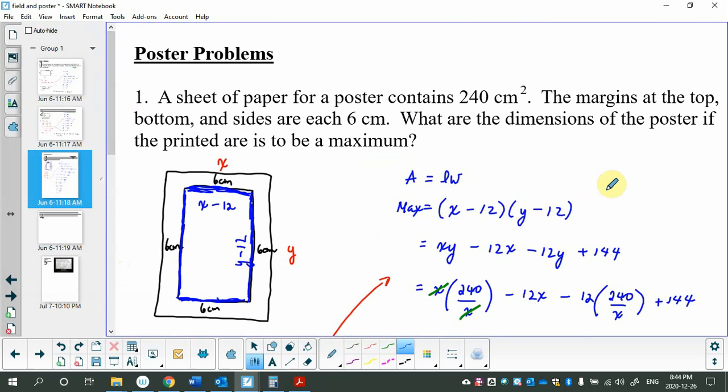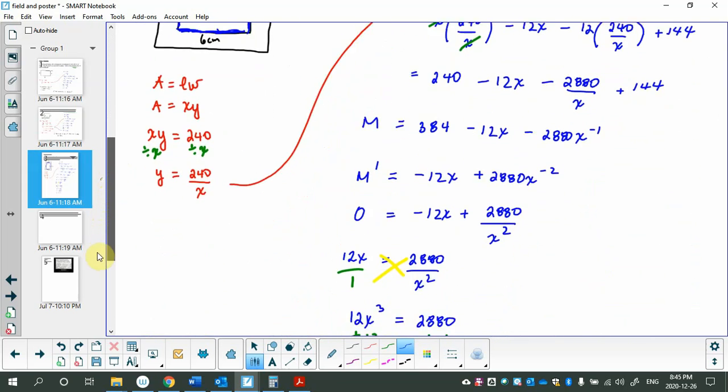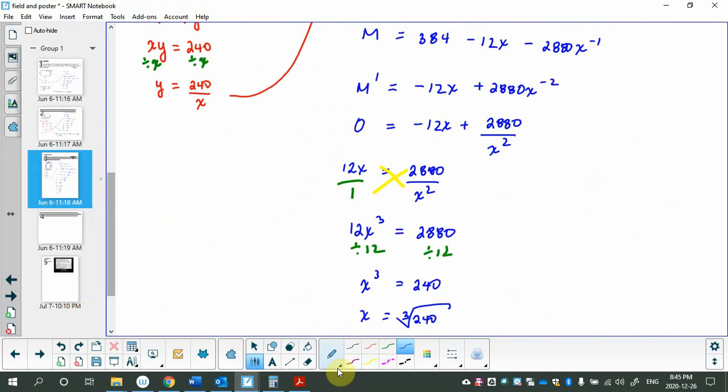What are the dimensions of the poster? So I know that this is 6.21, so a very small poster. How can that be right? Do you see my mistake? Shoot, I am not starting this all over again.